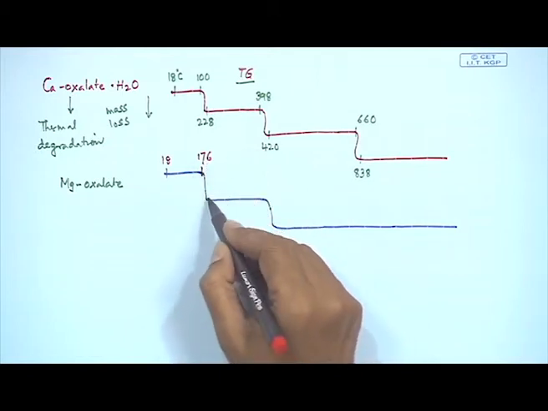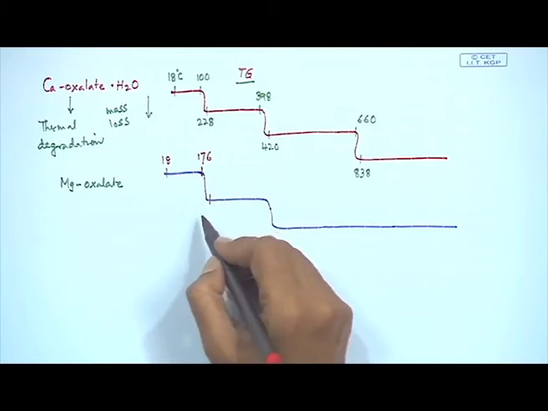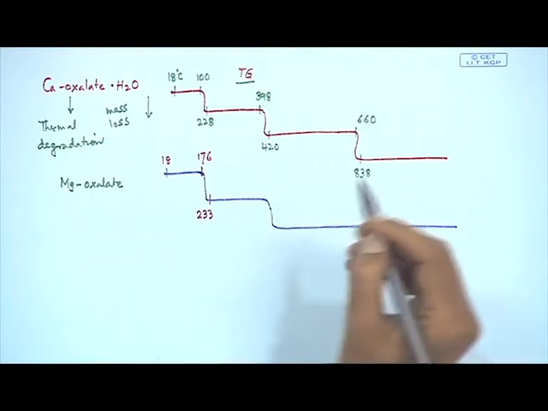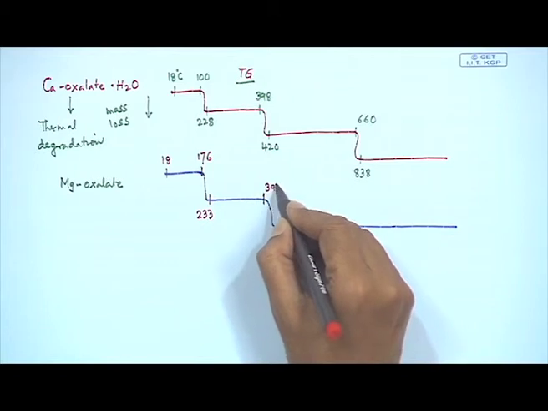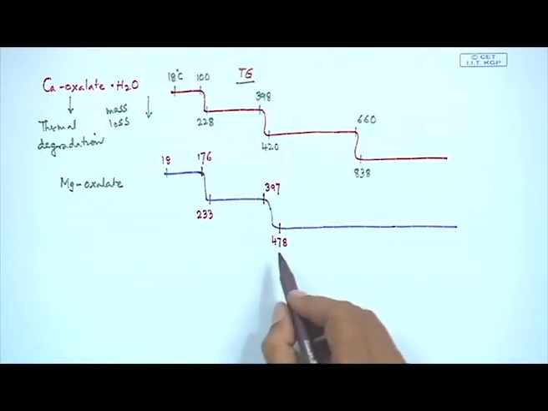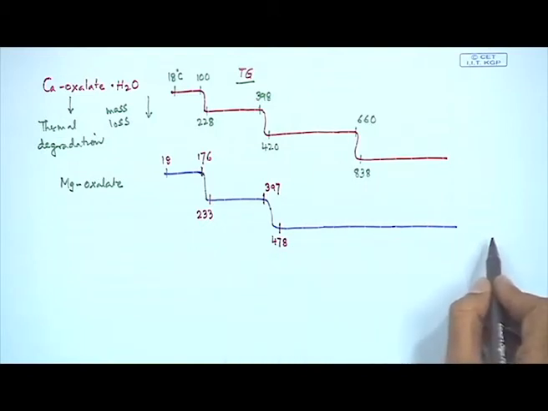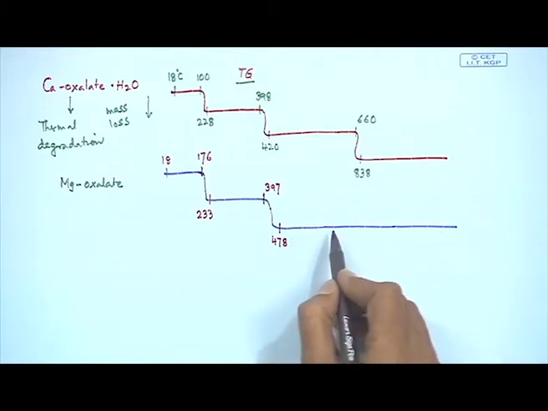Then this one is in the vicinity of the previous temperature that we obtained in case of calcium oxalate, which is 233 degree. Then we have 397 degree, then 478 degree. Then there is no change beyond that. That means whatever is formed at this point.